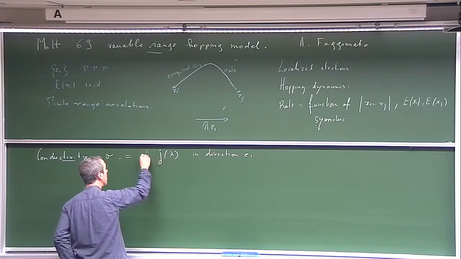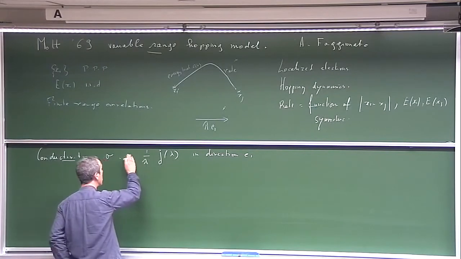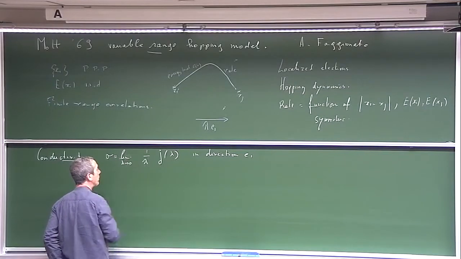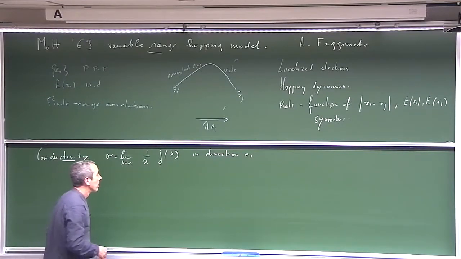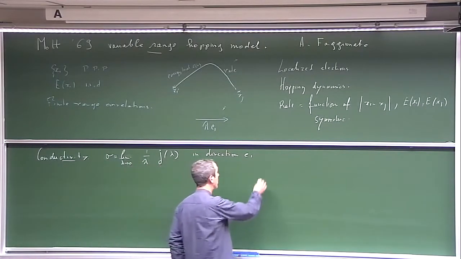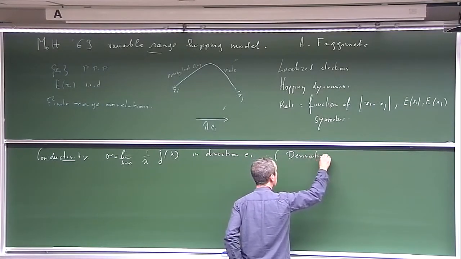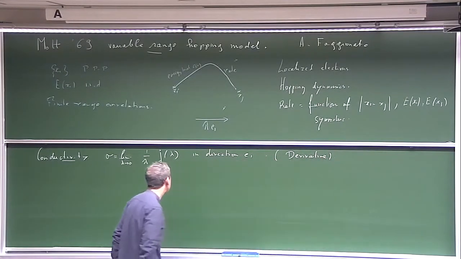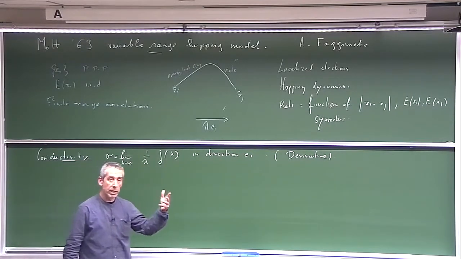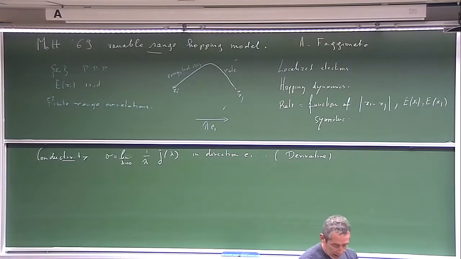Lambda is small means that you send lambda to 0, so it's a derivative of a certain quantity.